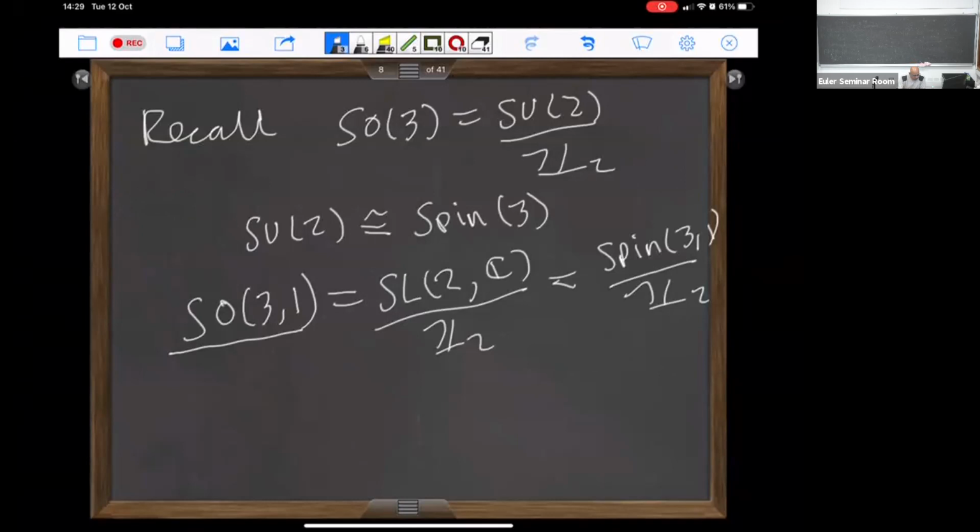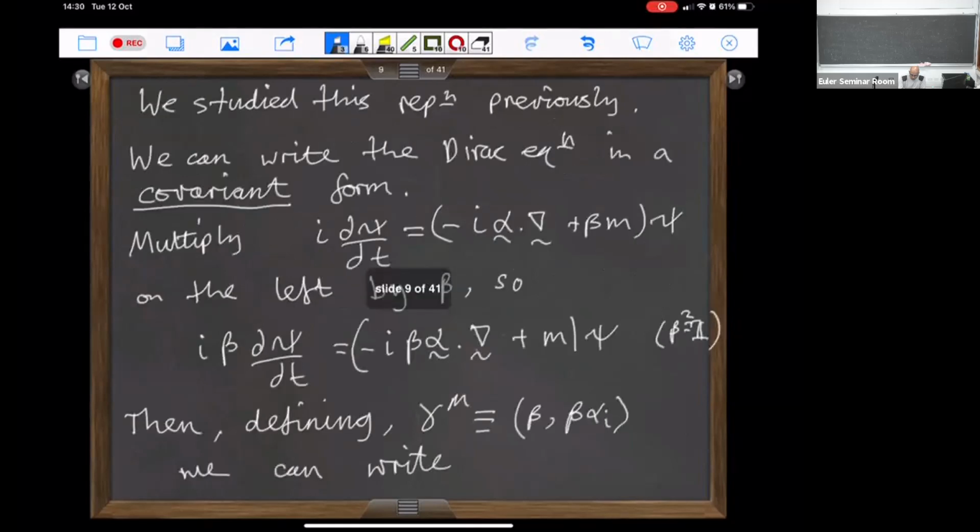But these things are often confused in the physics literature, but I'm being mathematically rigorous when I make this statement. Any other questions? Okay, I'll go on.